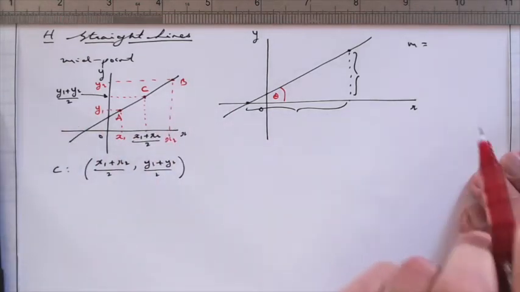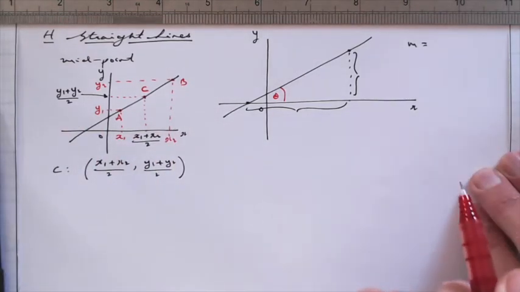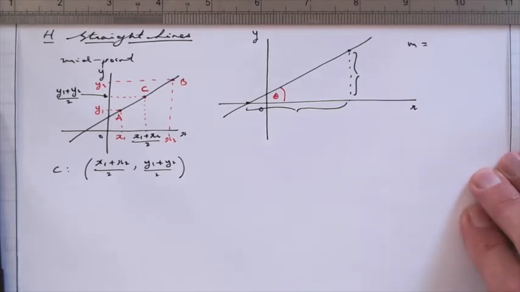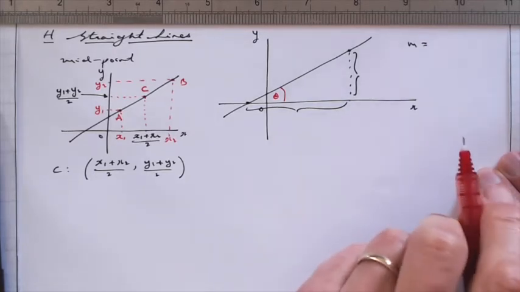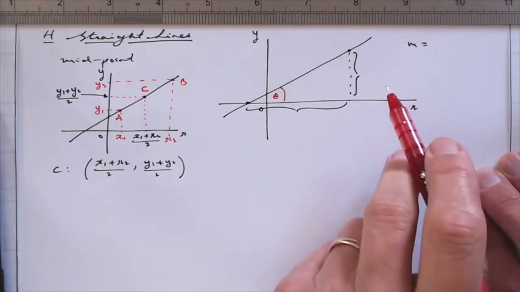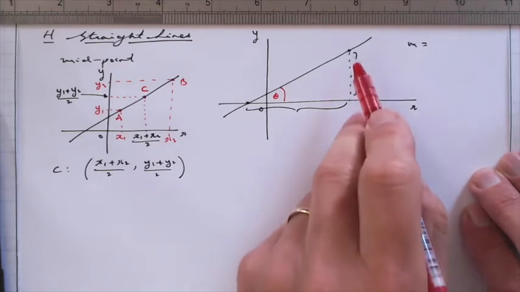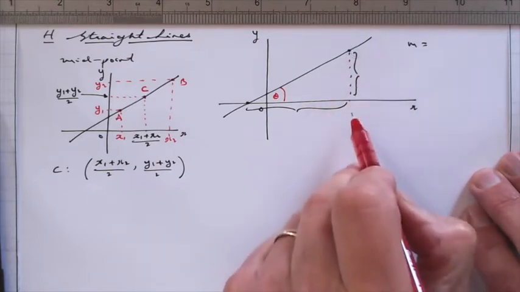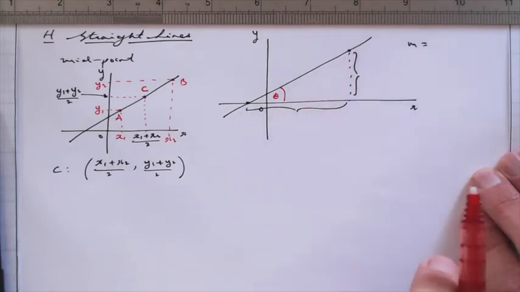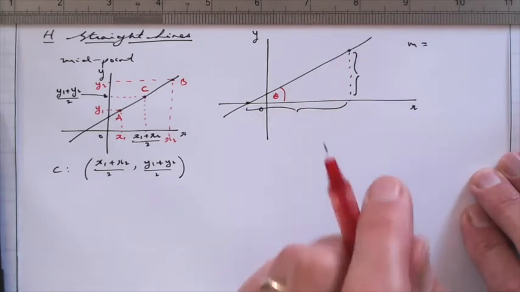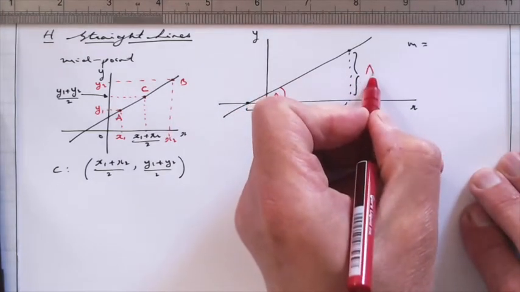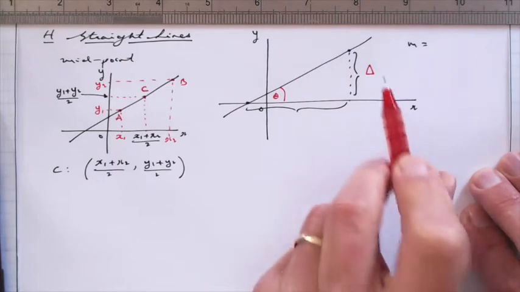Now I want to introduce a bit of new notation straight away. We'll be using this when we study calculus in a wee while, as we say in Scotland, a short time from now. The distance between here and here is the difference in y values between this point and this point. And a symbol we use in maths all the time to indicate difference is the capital delta.